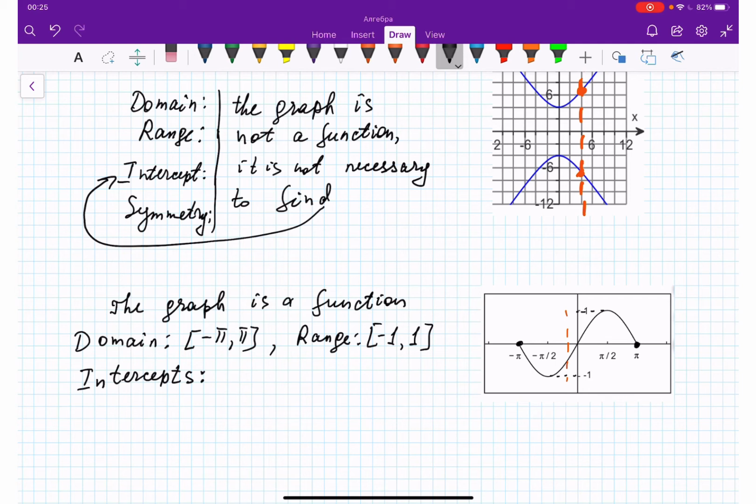So what are the intercepts going to be? The first one is this one, negative pi, where y is going to be 0, right? Because it's a coordinate, so we don't put square brackets or other brackets. Let me change this color also real quick.